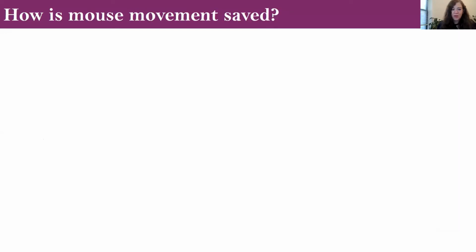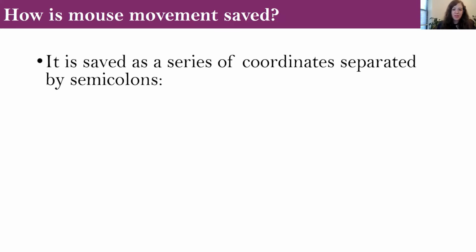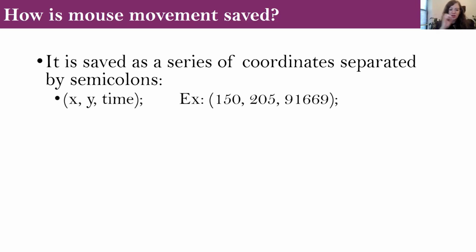How is mouse movement data saved then? If we don't want to save multimedia information, how do we get around having a video of the mouse movements? We save the mouse movements as a series of coordinates separated by semicolons, in the structure of X coordinate, Y coordinate, and time. This is an example of what a mouse movement looks like.